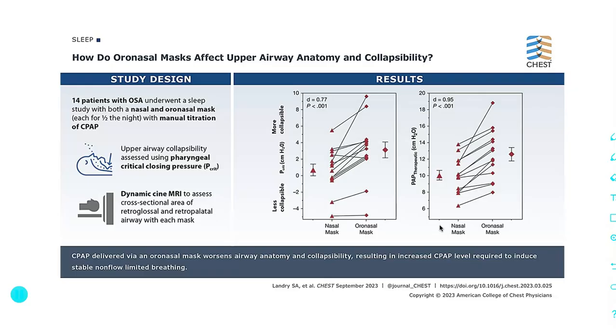And the opening of the mouth keeps the hyoid bone position different, making the retropalatal space reduced and causing airway obstruction. So there are several reasons behind that, and hence the use of nasal mask is preferred over the oronasal mask.